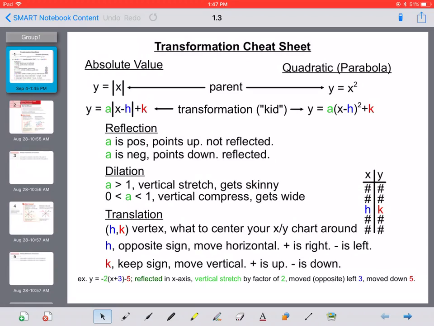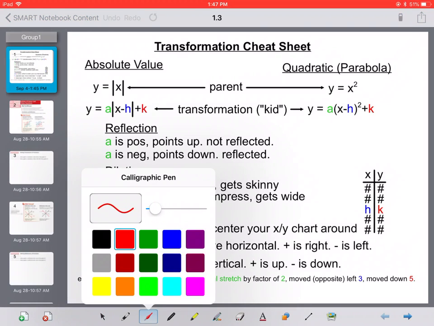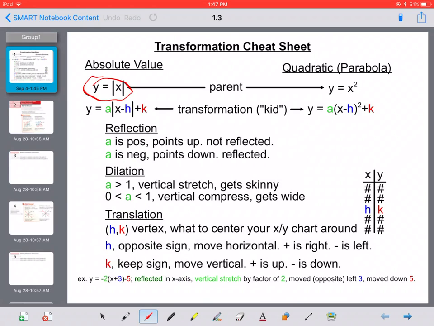Here on the screen I have a transformation cheat sheet for you. This is using vertex form of the equations. And when we look at this, we take the parent version, both the absolute value and quadratic version, and we add in the transformational information, which is the A, the H, and the K. And if you notice, they're about the same place in each one of them.